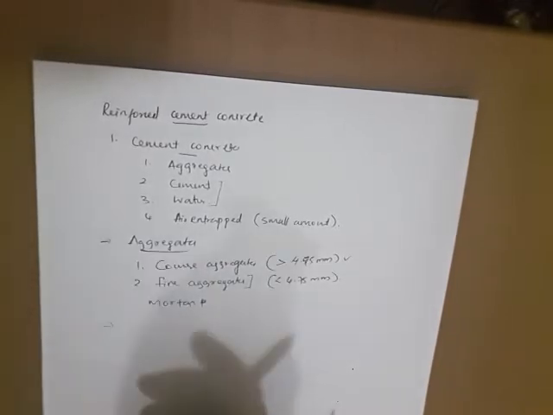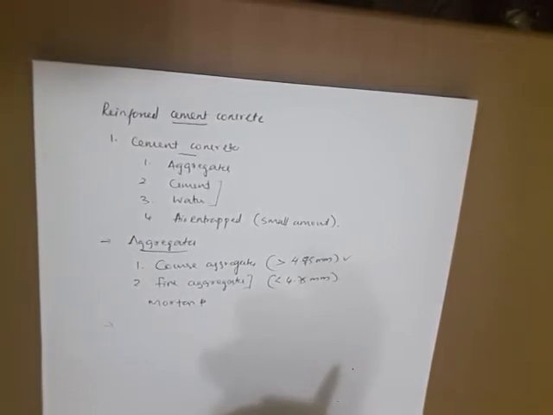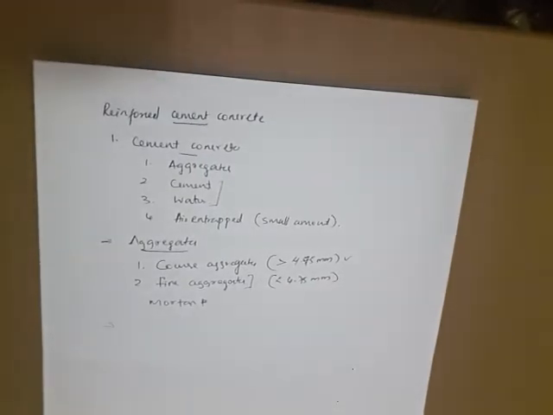As we know, cement concrete is the only material which is manufactured or prepared on the site itself. The other materials like structural steel and wooden materials, we can get ready-made, but 90% of cement concrete will be mixed or prepared on the site itself.